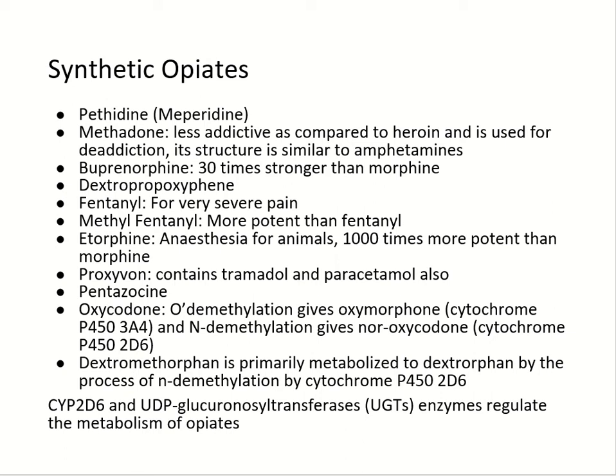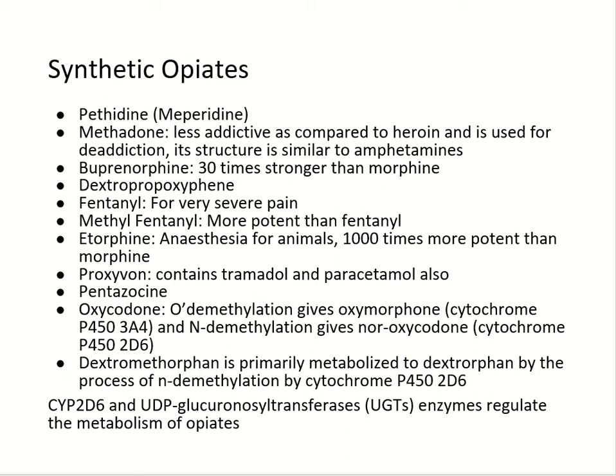Proxyvon contains tramadol and paracetamol. Pentazocine, oxycodone. O-demethylation of oxycodone gives oxymorphone. Cytochrome P450 3A4 helps in this conversion, and N-demethylation gives noroxycodone.